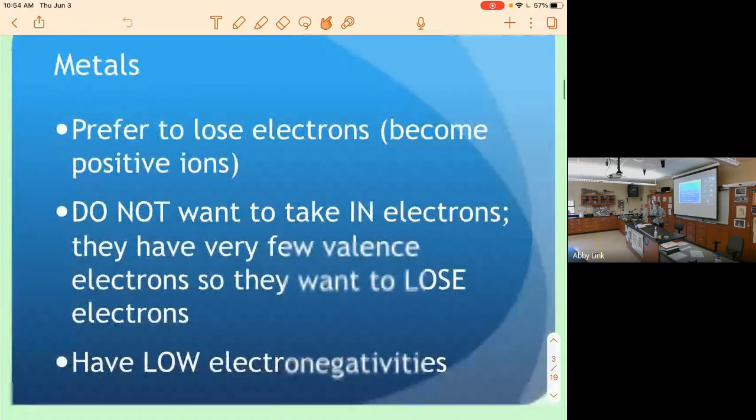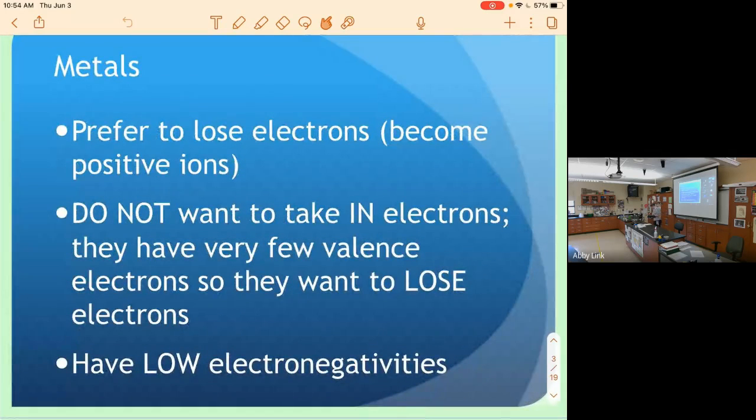All right, let's talk about some connections we can make here with electronegativity. Connections between metals and nonmetals. So metals prefer to lose electrons. They prefer to form cations when they lose electrons. You probably have noticed this. The first 2 columns on your periodic table are alkali metals and alkaline earth metals. And then they form +1 and +2 charges respectively. Okay?